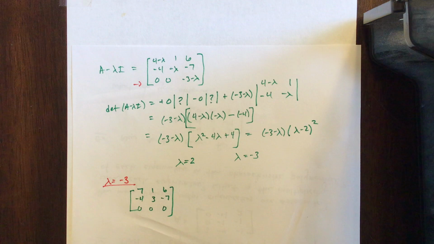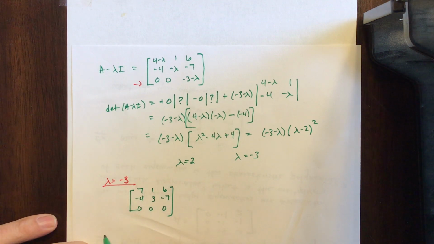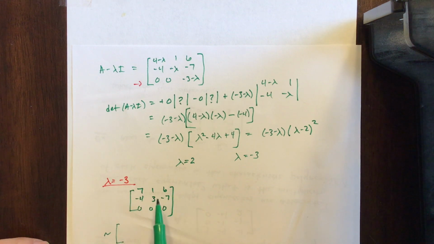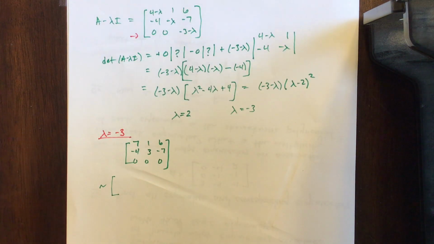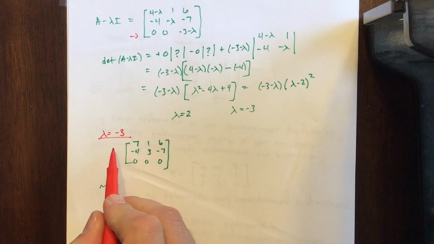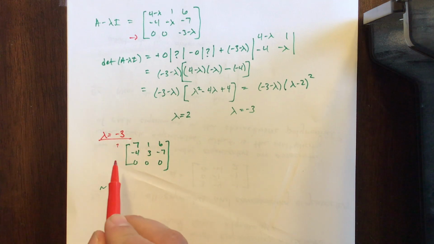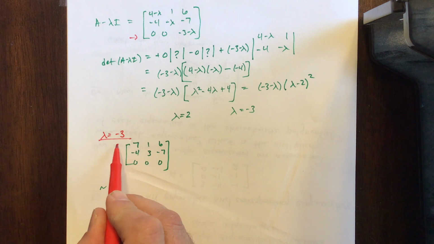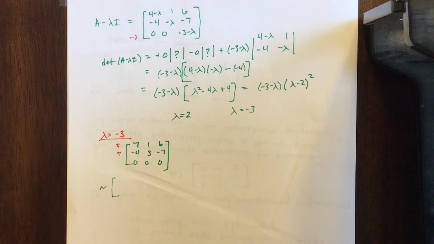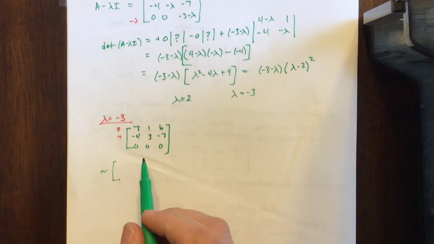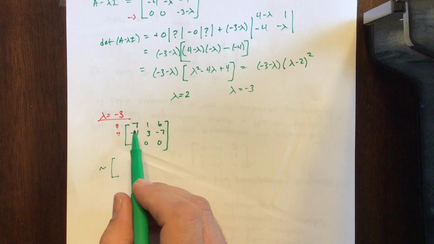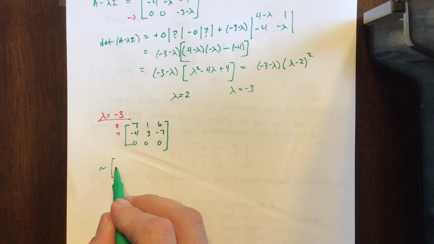All right, so let's row reduce. This is not going to be all that fun. So if we're going to multiply row number 1 by 4 and row number 2 by 7, let's see what we get. 4 times 7 is 28, plus -28, that's 0.